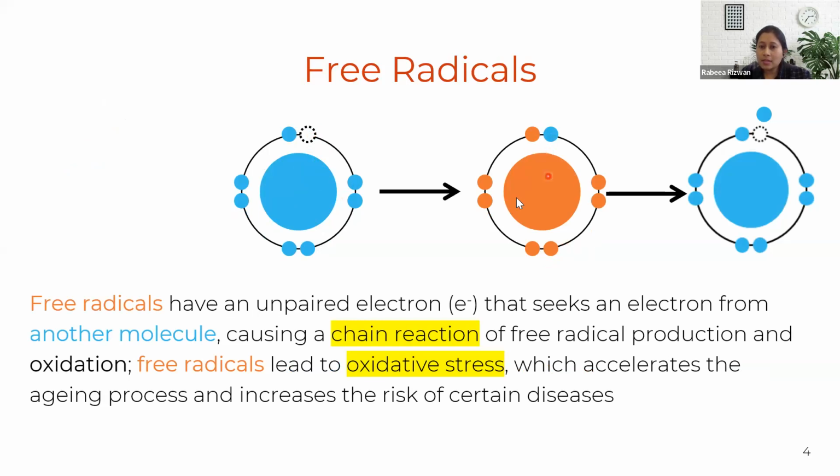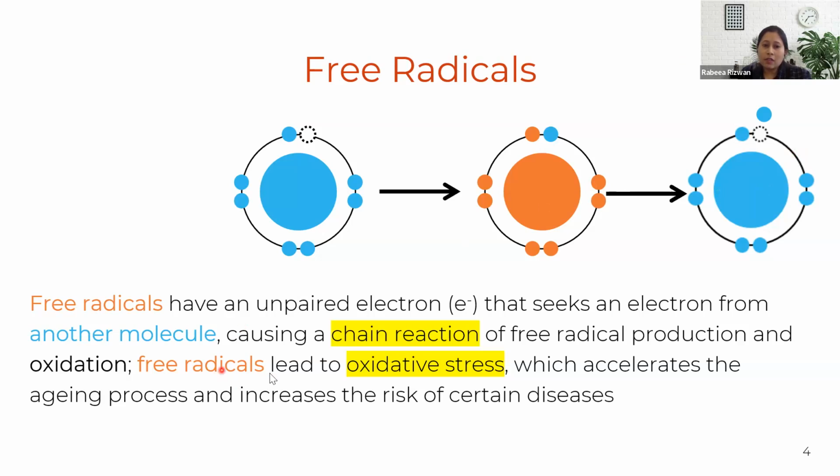Then this normal cell becomes unstable. Now it wants one more electron, so it will take one from another healthy cell. In this way, it is affecting other normal healthy cells and causing damage to them. And this reaction is called a chain reaction.